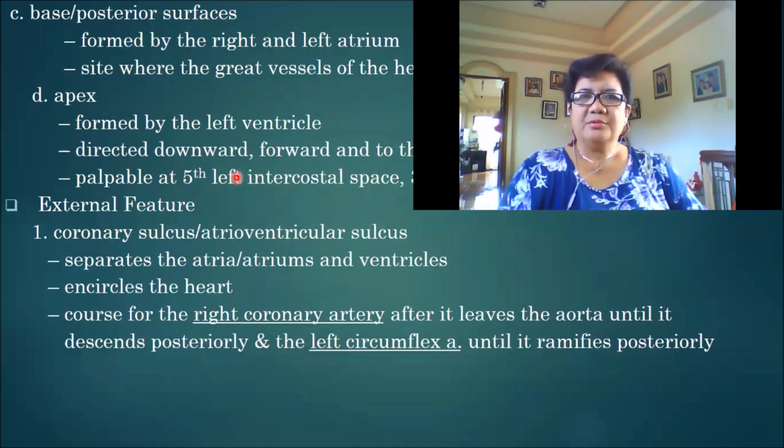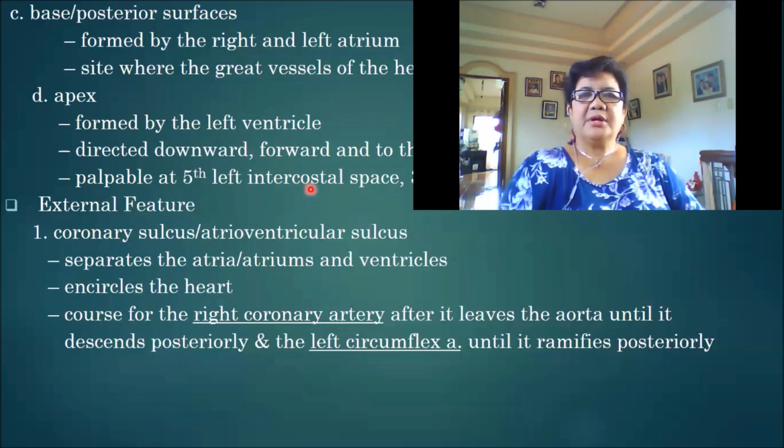So what do you do? You have to tell your patient, "Ma'am, I will listen to your heartbeat. Your heartbeat is somewhat covered by your breast. So do not manipulate in finding this fifth left intercostal space."